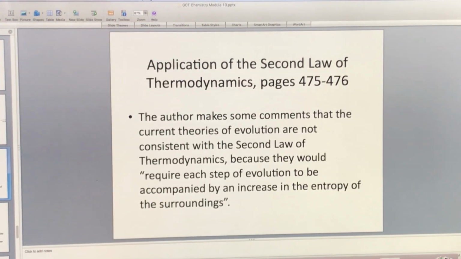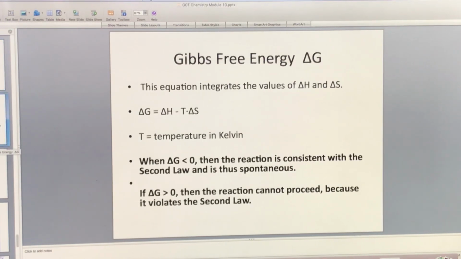So he makes these comments that the current theories of evolution, and he's talking about biological evolution, are not consistent with the second law of thermodynamics because they would, quote, require each step of evolution to be accompanied by an increase in the entropy of the surroundings. And so I would just encourage you, if you'd like to learn more about his details on that, to read more in detail on those pages.